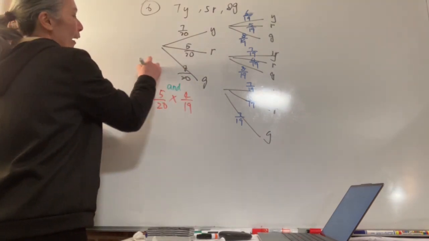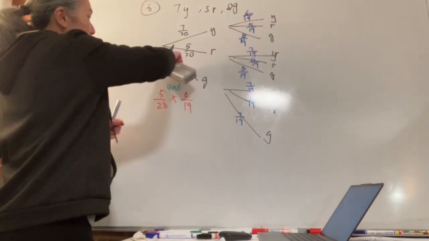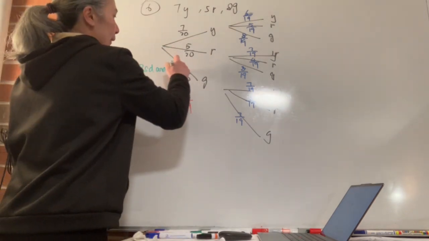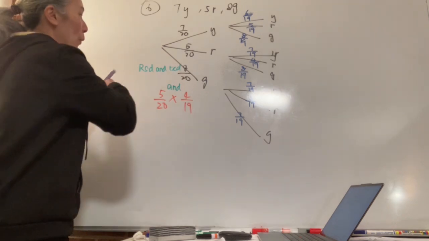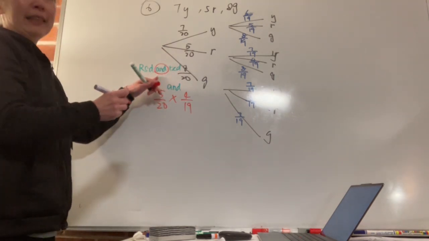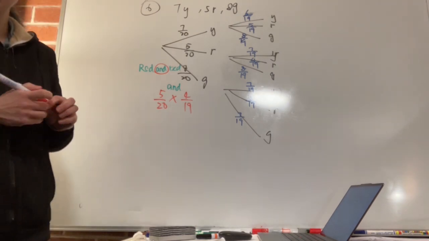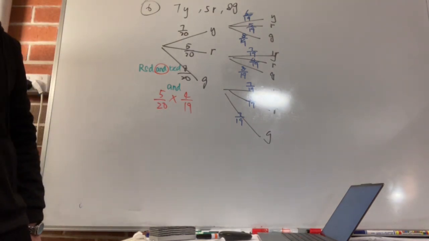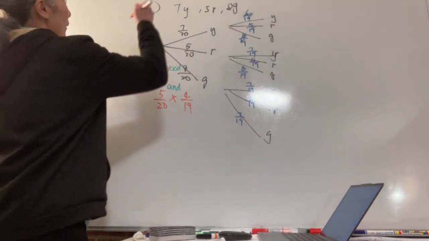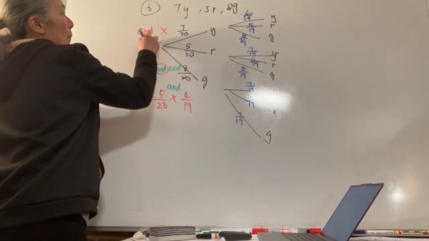Because you want red and red. So write it down, make sure you remember this. Whenever you use the word and, you want red and red, and means times. If you want red or red, that means it's a plus. And means times, or means plus.